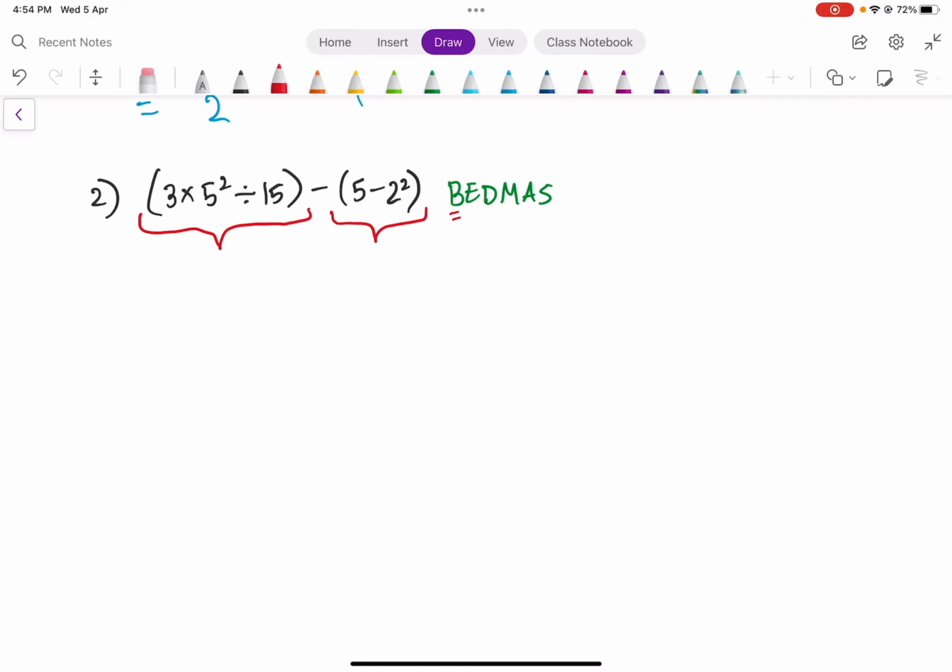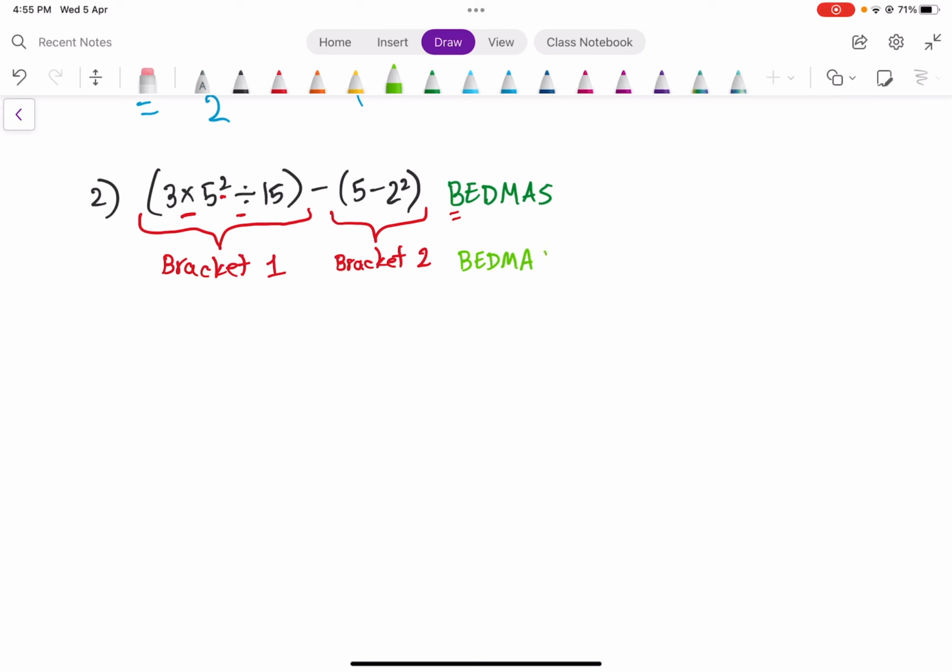We could solve both of them, but let's go with this one. Let's call it bracket 1. And let's call the second one bracket 2. So bracket 1 has 3 operations in here. Which one do we solve first? So let's go back to BEDMAS. What is first in our BEDMAS?